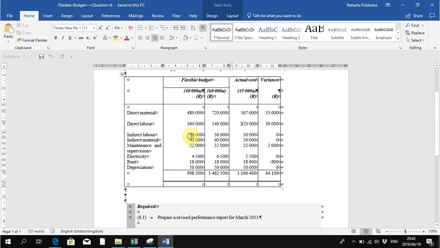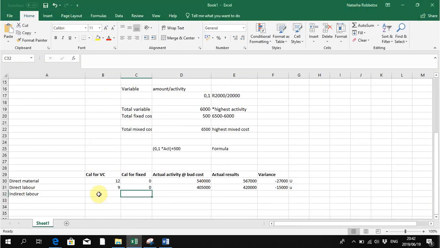So if I take the 24,000 and divide it by the budgeted activity level of 40,000, I get 60 cents. If I take the 36,000 and divide it by 60,000, I get 60 cents. It's the same at every level, therefore it must be a variable cost. So I'm going to fill in 60 cents. This is a pure variable cost, so therefore there is no fixed cost.